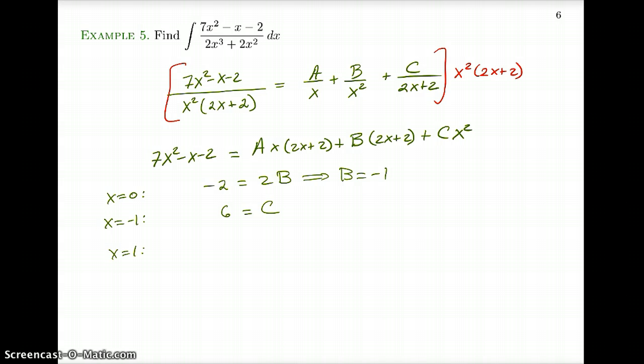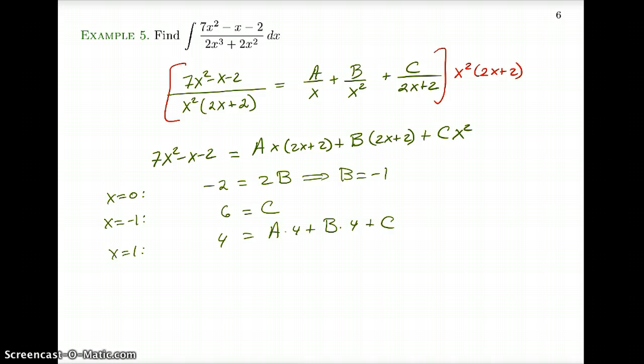And then I'll just say x equals 1. And then 7 minus 1 is 6, minus 2 is 4. Is that right? Minus 6, yeah. And then I get a times 4 plus b times 4 plus c.